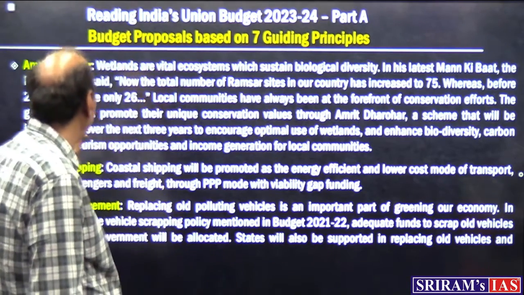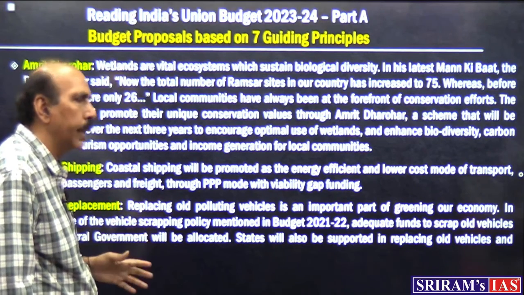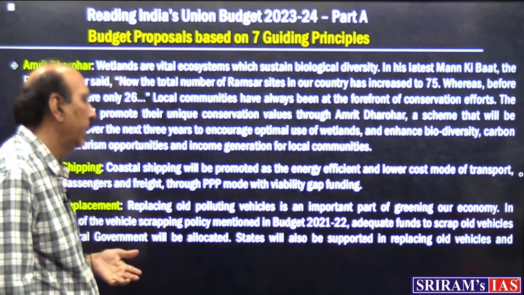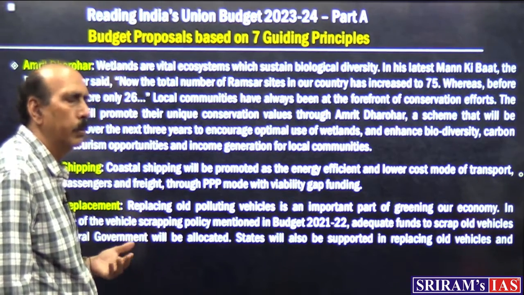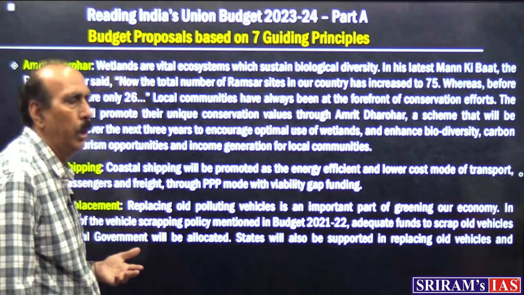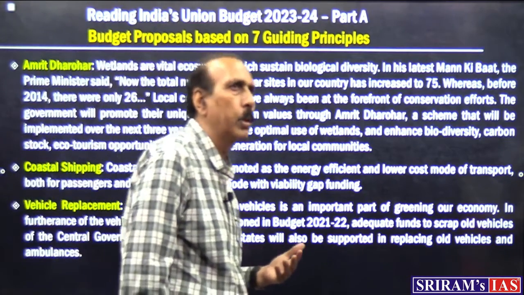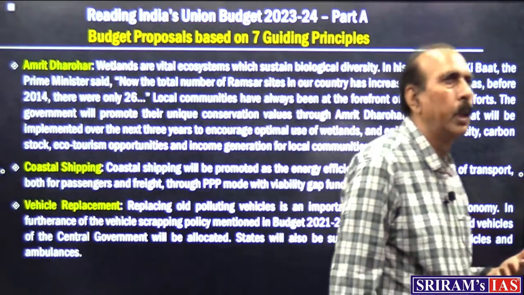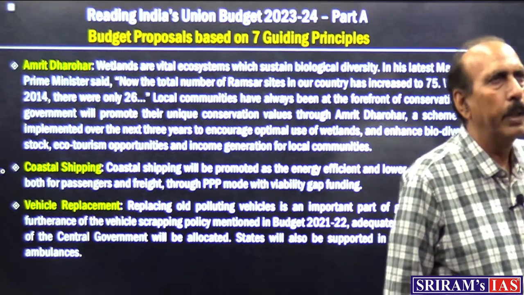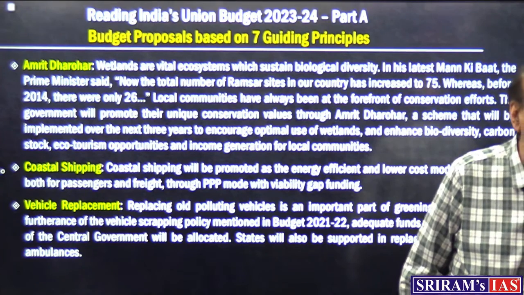Therefore, all these programs are essentially designed by the government to reduce the carbon emissions, because our target is to reduce the carbon intensity to 0 by 2070, and therefore the efforts have to be made right from now.